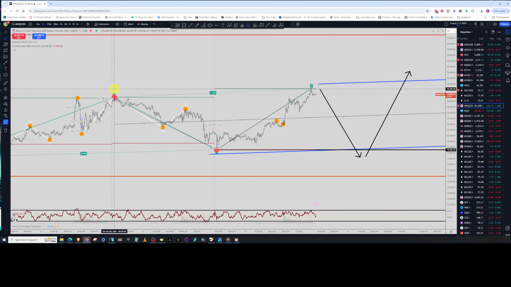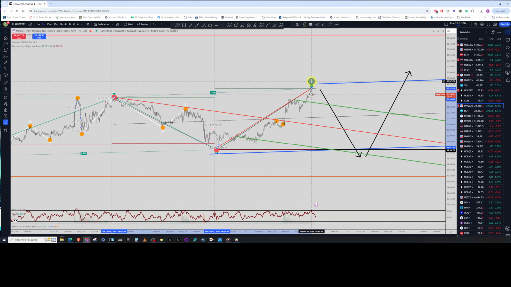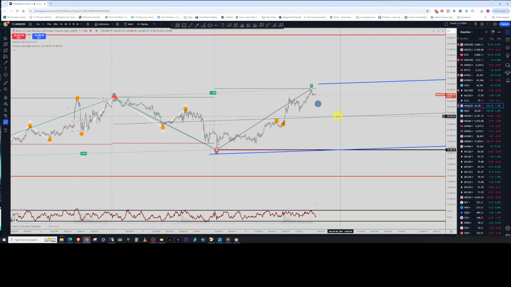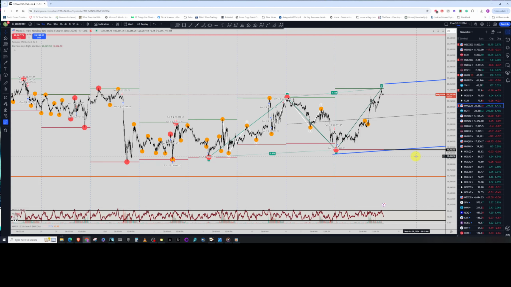So we need to break that black line low down there and then come up and close above that to create a long for that one. So the best one we're looking for is a short tomorrow here in the Nasdaq.